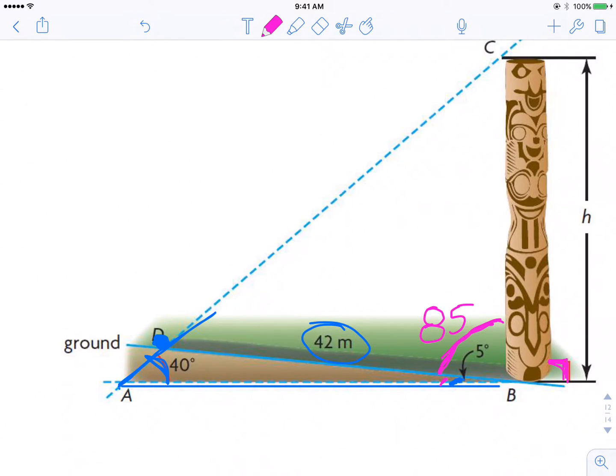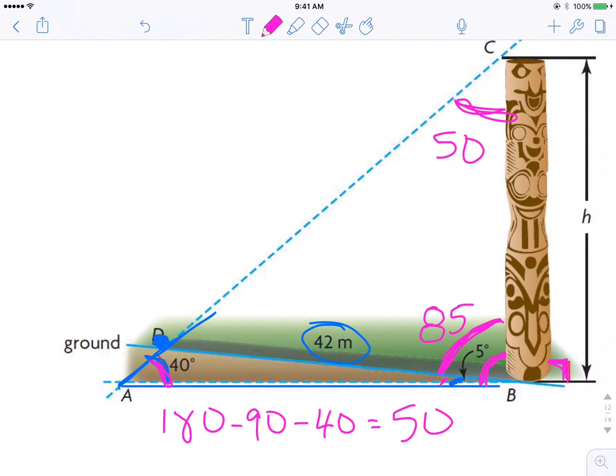And this part over here is 40 degrees, meaning all of this would be 90. So 180 minus 90 minus 40 leaves me 50 degrees way up here at the top. 50 degrees.